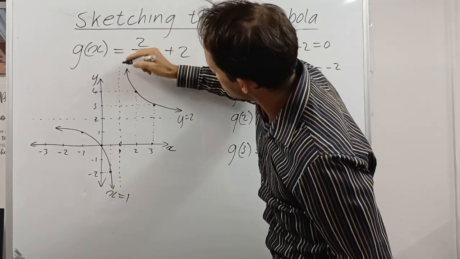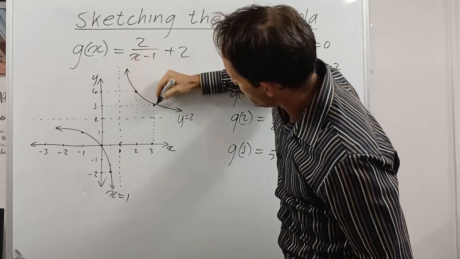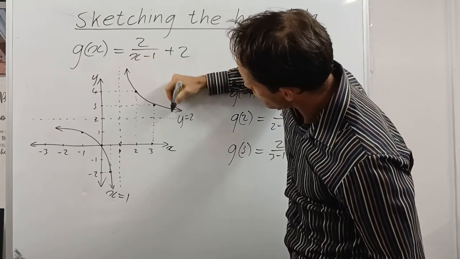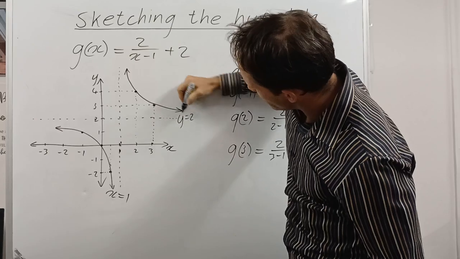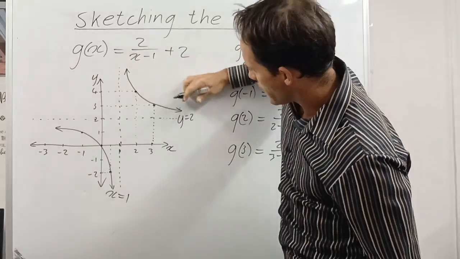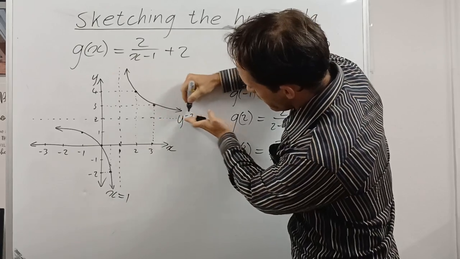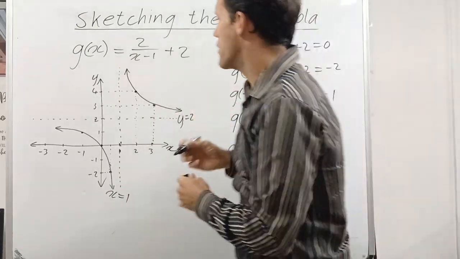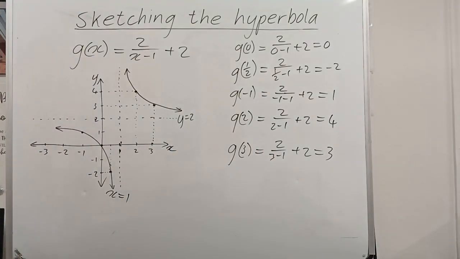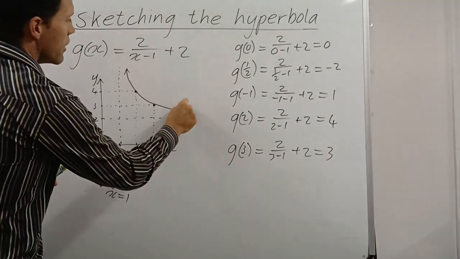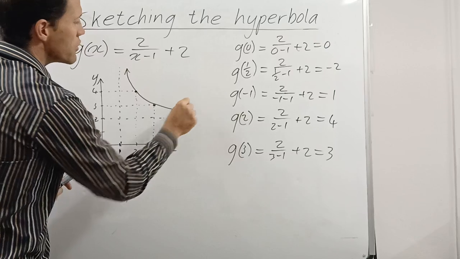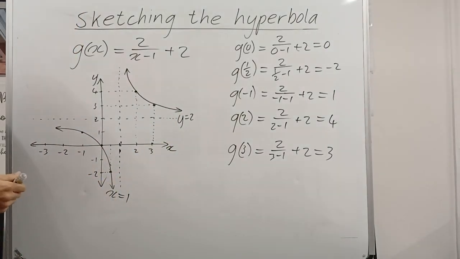There's the asymptote. There it comes closer to this asymptote, but it never comes through, and it doesn't go up again. It must look like it's almost in line with the asymptote. There's the hyperbola.